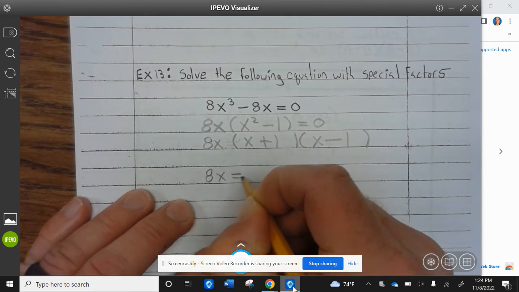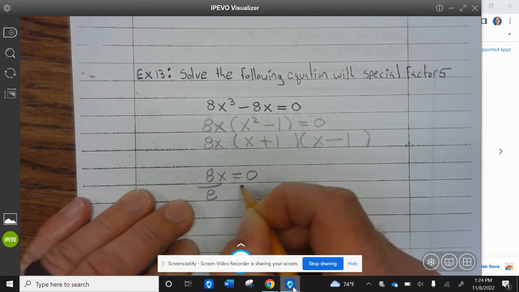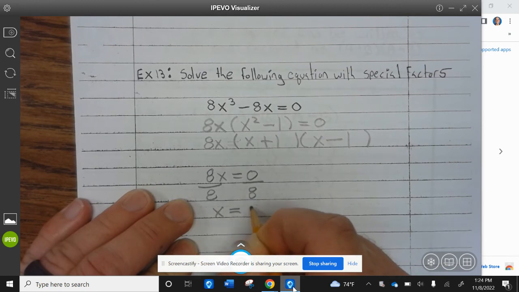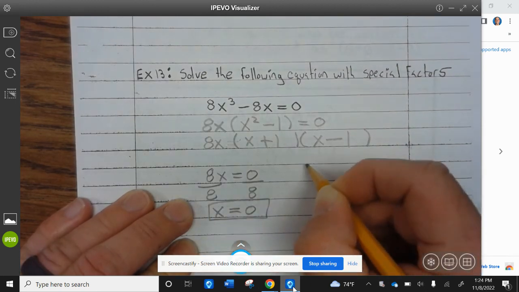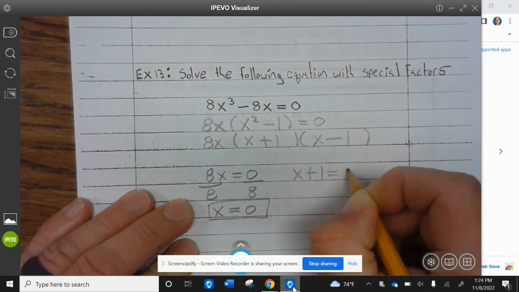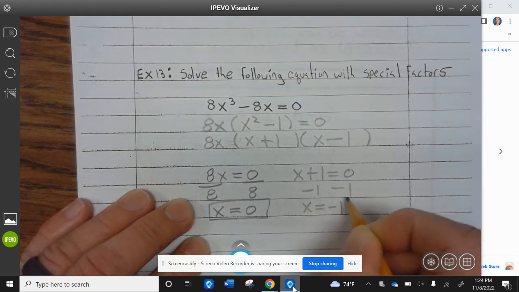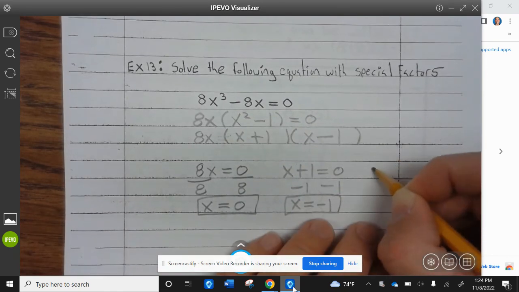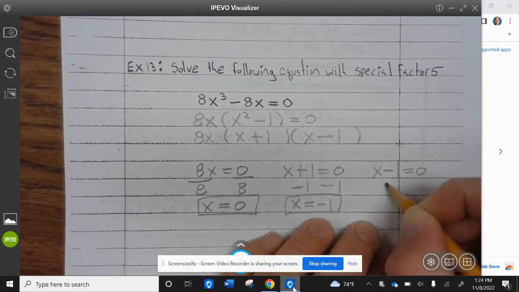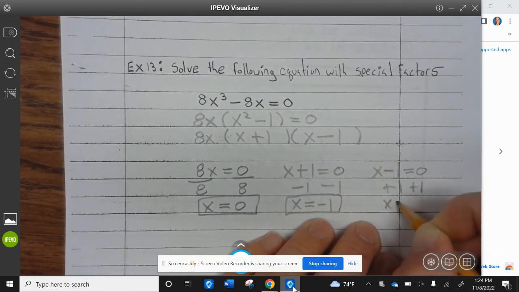Set 8x equal to 0. Divide both sides by 8. X equals 0. Set x plus 1 equal to 0. Subtract 1 from both sides. X equals negative 1. Set x minus 1 equal to 0. Add 1. X equals 1.